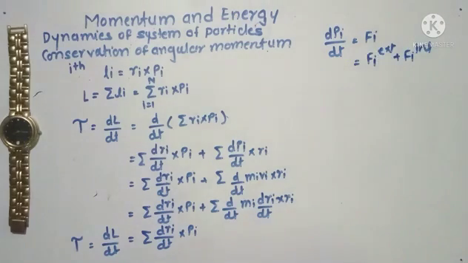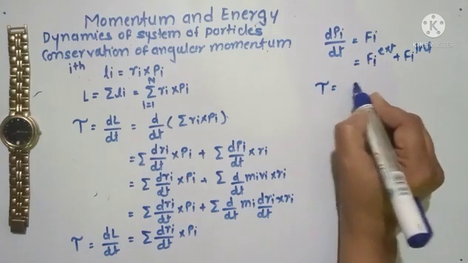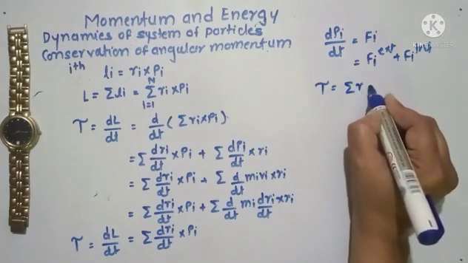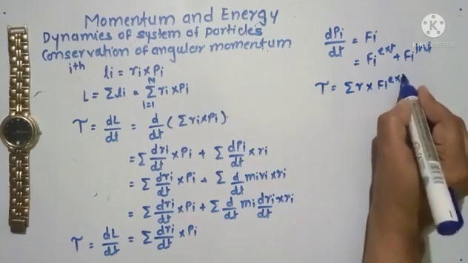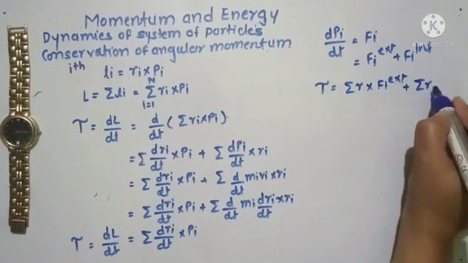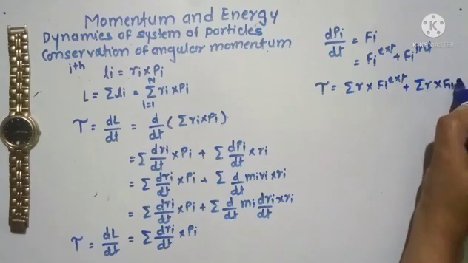So we can write the same equation, tau is equal to summation of R cross Fi external plus summation R cross Fi internal.